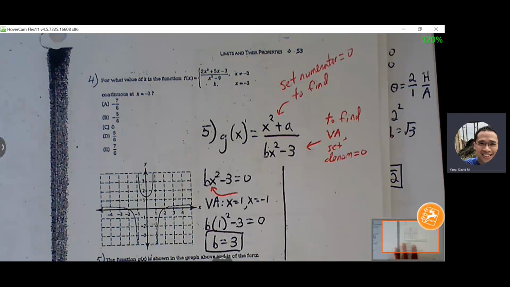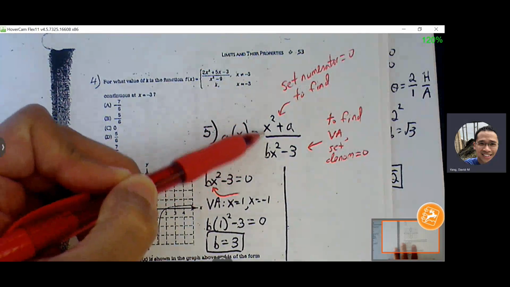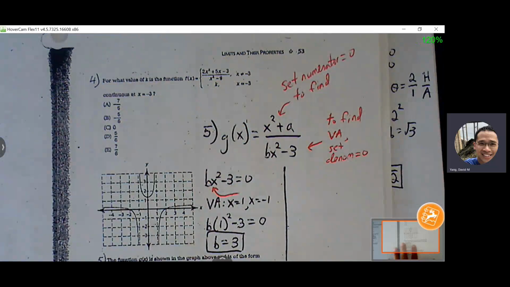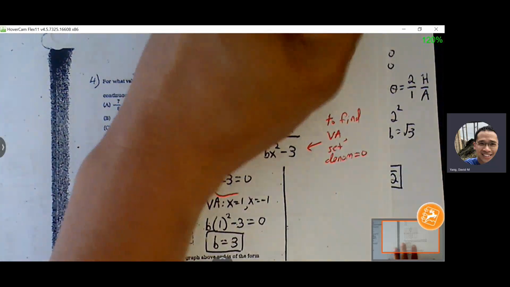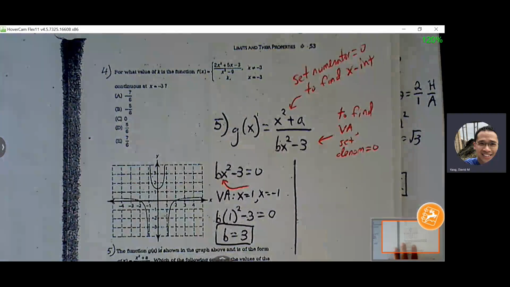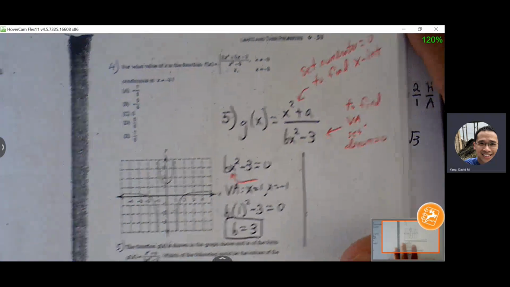Numerator equal to 0 helps us find what? Is it one of the intercepts? Yeah, that's the x-intercept. If I set the numerator equal to 0, I get x-intercepts. Horizontal asymptotes are where we compare degrees, and if factors between numerator and denominator cancel out, we get holes.